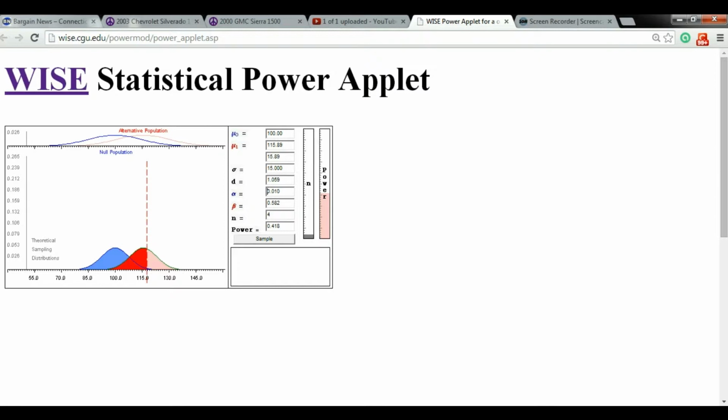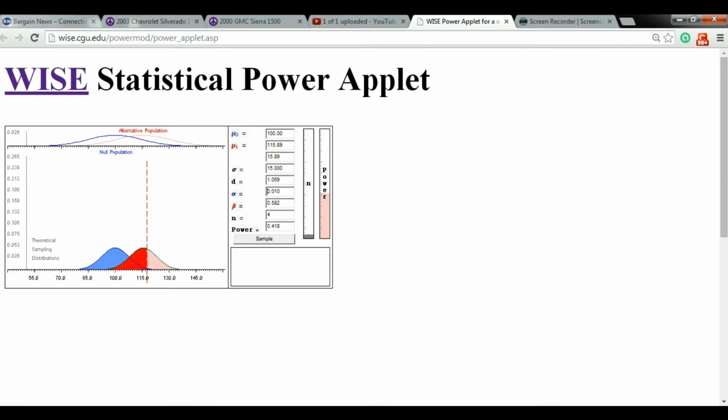So I fail to reject the null, hence I make a type 2 error. So when you reduce your alpha level, it's harder to reject the null because you have to get a p-value under that to reject it.